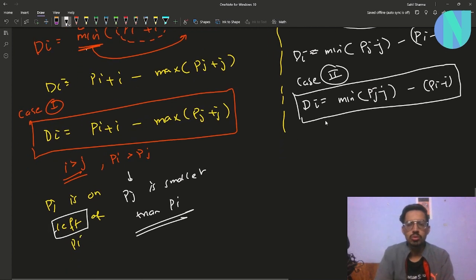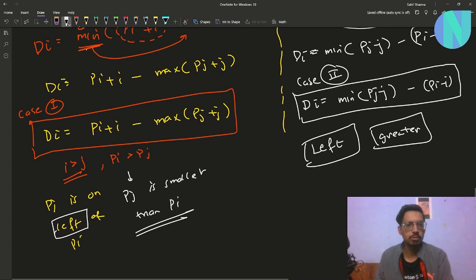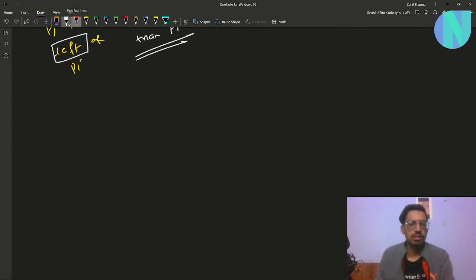In this case 2, your element is lying on the left side of pi and it is greater than your element, right? So let me outline these words. So we get smaller and we get left. Here it is left and it is greater. You can generate the other two cases as well.